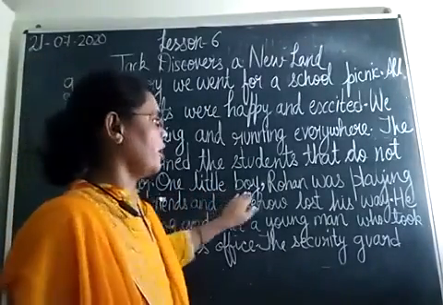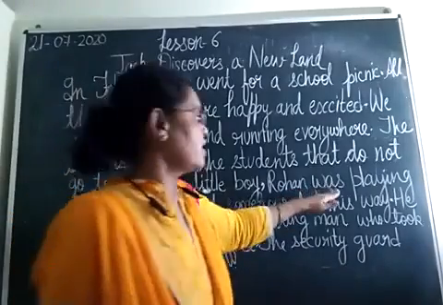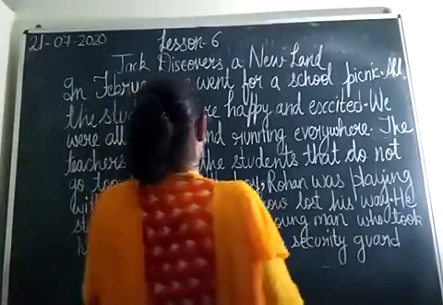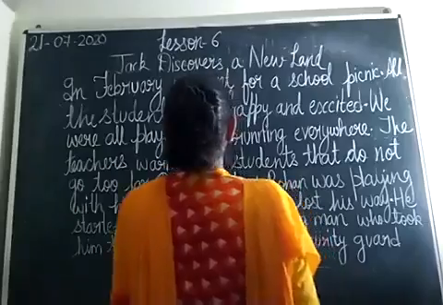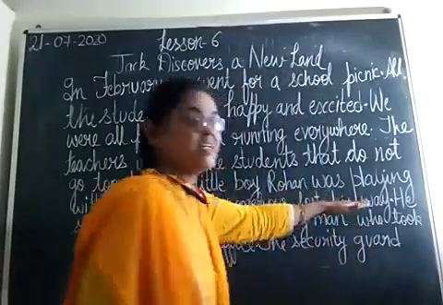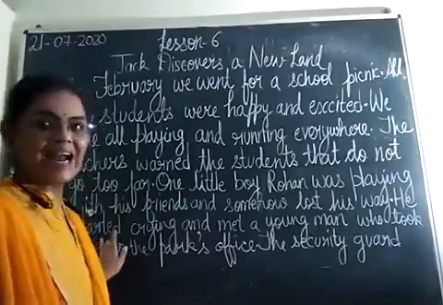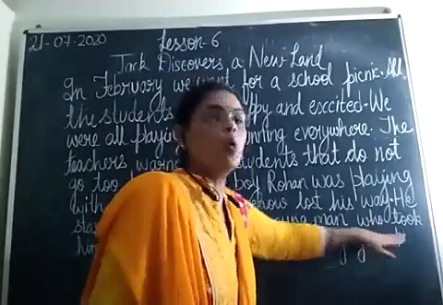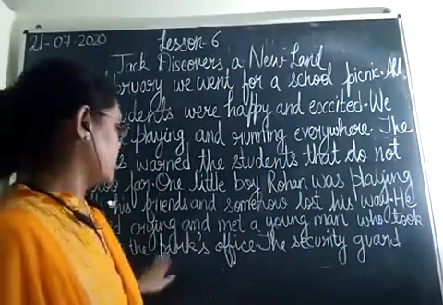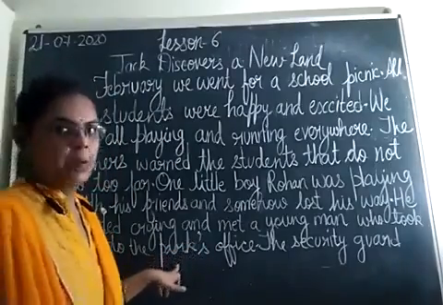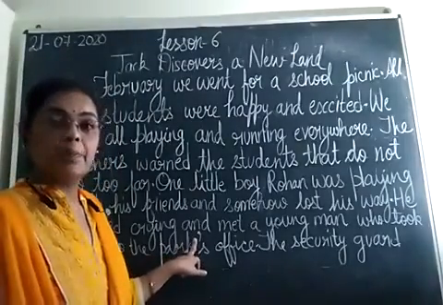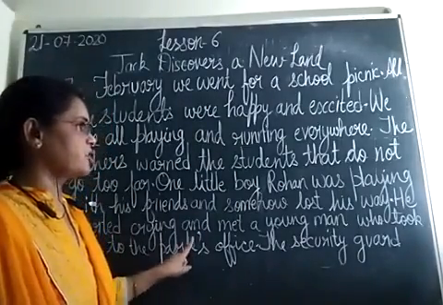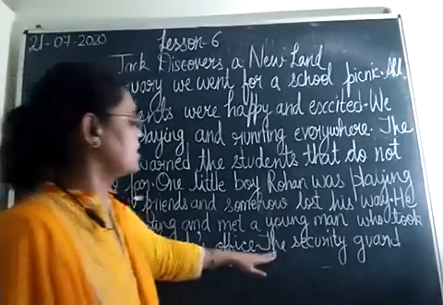One little boy, Rohan, was playing with his friends and somehow lost his way. He started crying and met a young man who took him to the park's office. Park's has got an apostrophe, P-A-R-K apostrophe S. Park's office means the office of the park. The security guard.